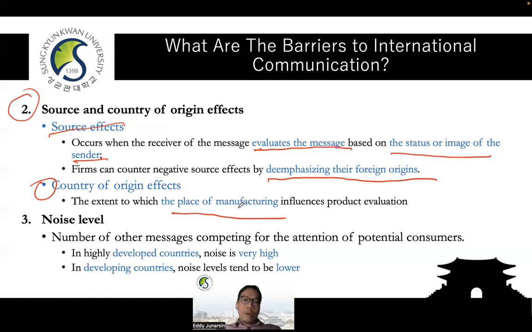But if you talk about top-notch brands, you can imagine top brands like Louis Vuitton or Ferrari. Of course, the place of manufacturing is expected to be the headquarters, the one global place of manufacturing, rather than the product being made in another country.